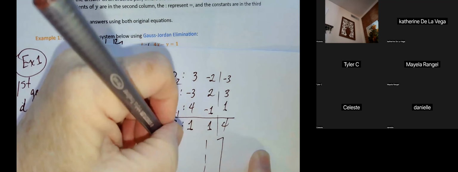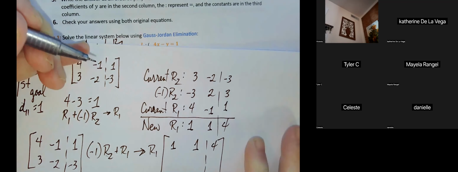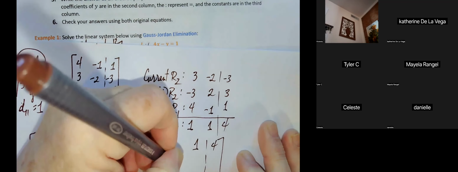We get our new 1, 1, 4, and row 2 stays the same.